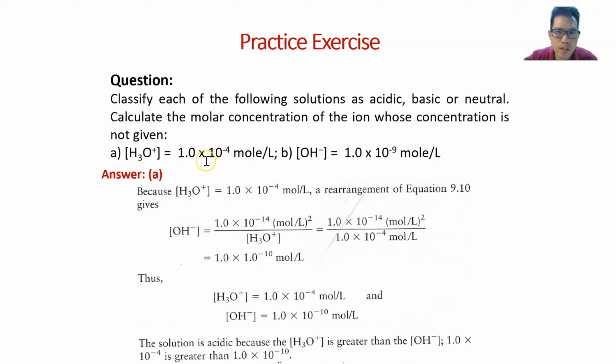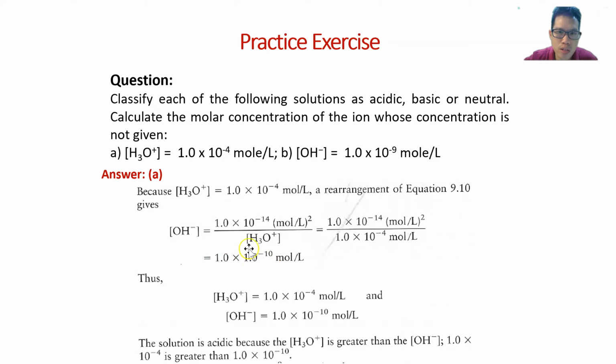If you are given the hydrogen ion, the OH value is 1 times 10 to the negative 14 divided by the hydrogen ion, because the total, this one times the hydrogen ion, is 1 times 10 to the negative 14. So we get 1 times 10 to the negative 10.